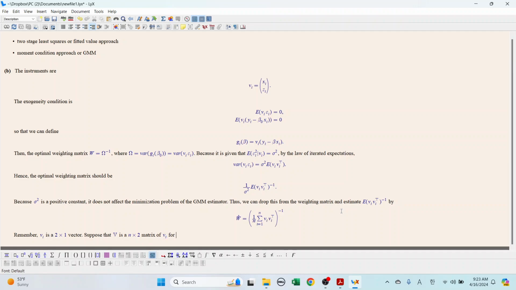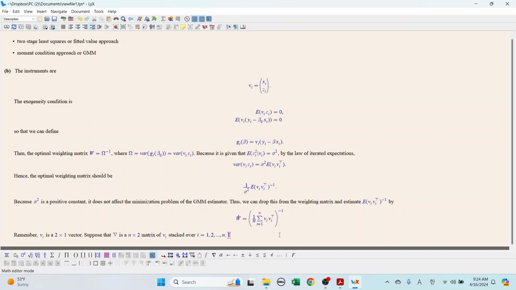We have n observations of V, and each V is 2 by 1. So we can make an n by 2 matrix like this, and I will denote that as calligraphic, capital V.